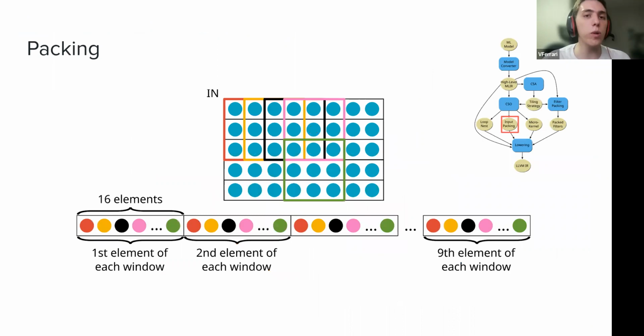I wouldn't say that we're doing image to column on the fly. We are combining what you would usually call the image to column transformation, which is the expansion of this input tensor into windows, and the packing that happens inside of the GEMM routine.